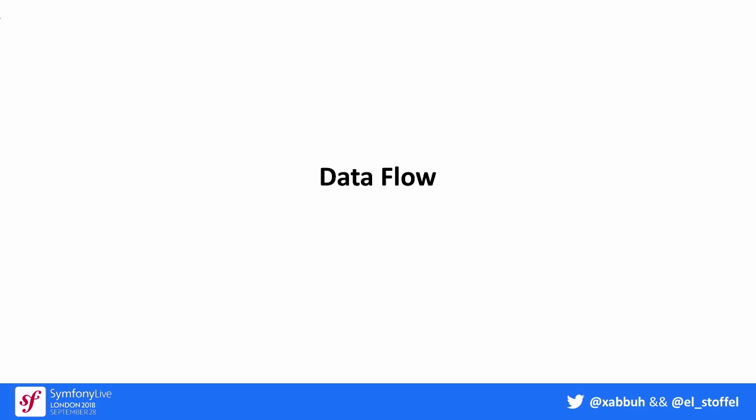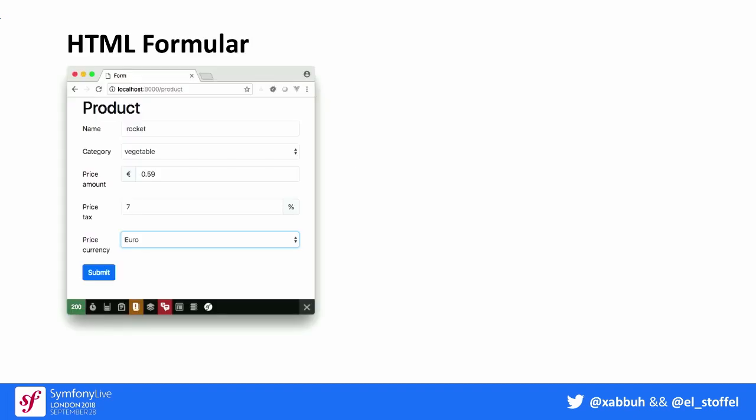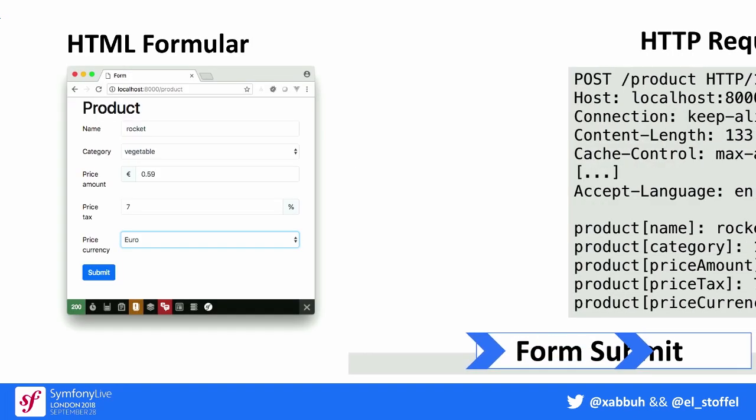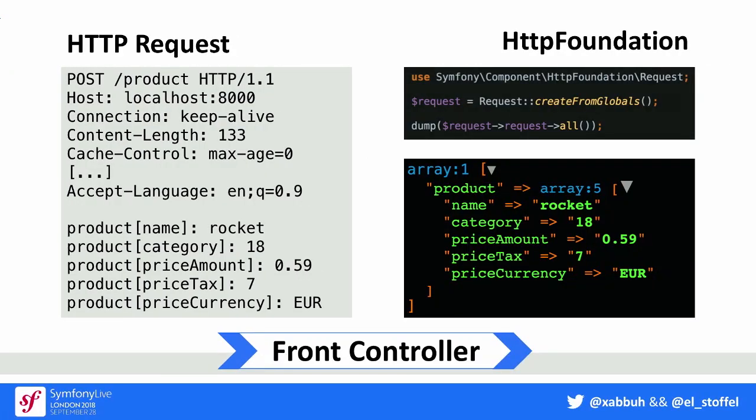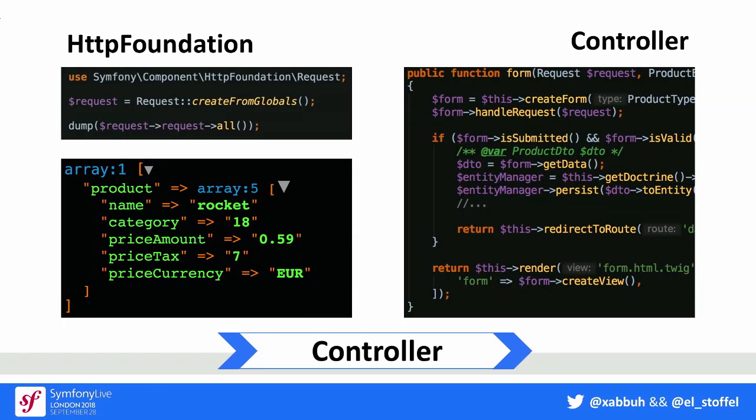Okay, so what does that mean for the data flow? Basically, not much is changing here. So the form looks still the same, the HTTP request looks the same, and also the request object here is the same as what we had before. What changes now is when we are looking at the controller.